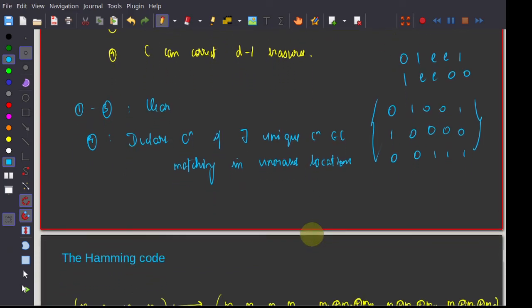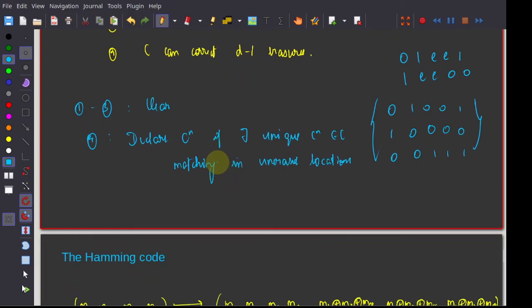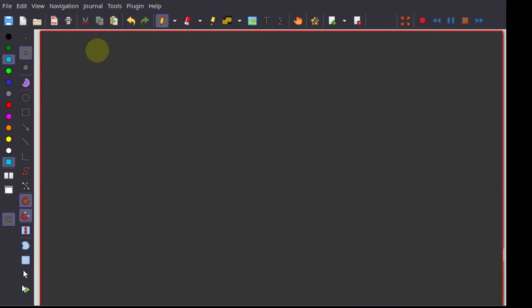So take any pair of sequences, C1^n and C2^n. What is given? You are given that the distance between C1^n and C2^n is greater than or equal to d.